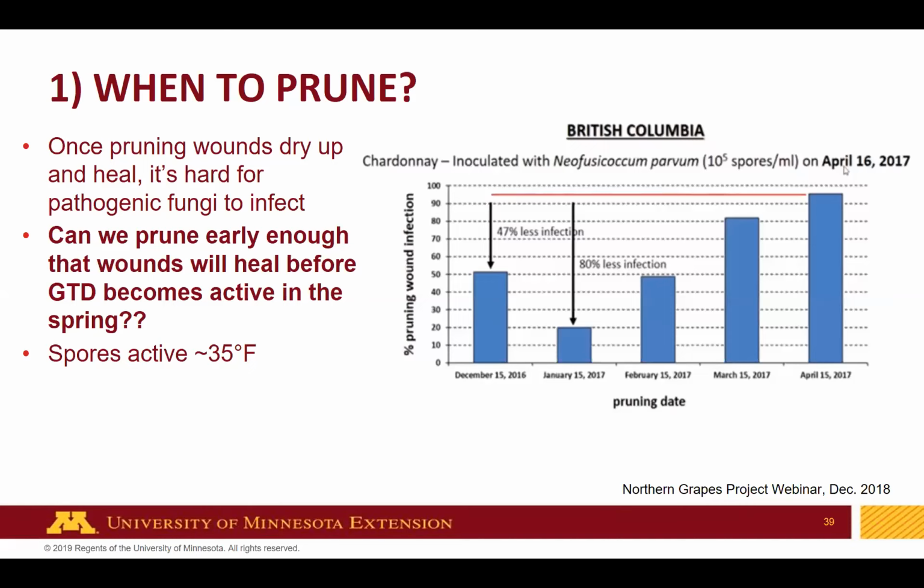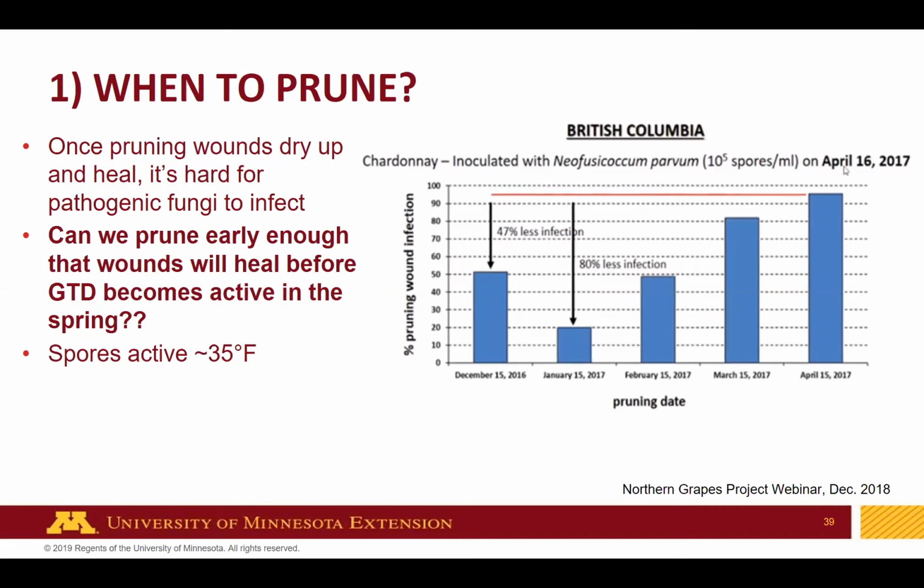The first sort of question that leads to a recommendation is, when would be the ideal time to prune during the dormant season in order to minimize the potential of trunk disease? The idea behind this is, once the pruning wounds dry up and heal, it's very difficult for any pathogenic fungi to get in there and infect that wood.